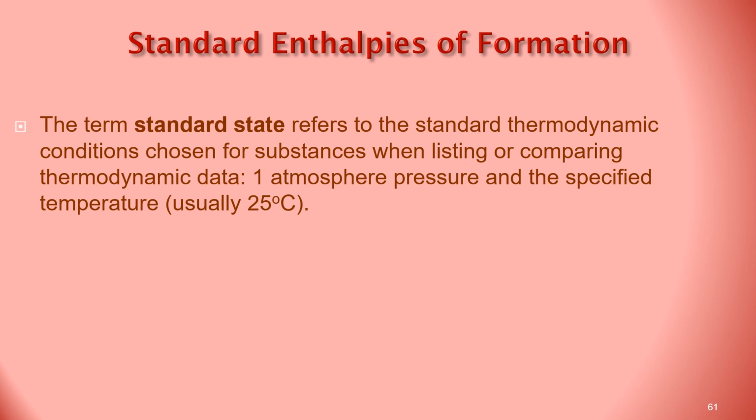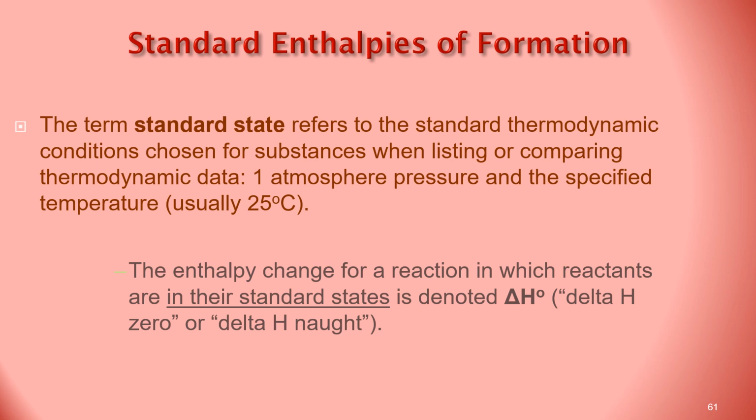So then by using Hess's law and compiling lots and lots of reactions, we're able to determine something called the enthalpy change for a reaction in its standard state, and we denote it delta H naught. The little 0 just means standard state.